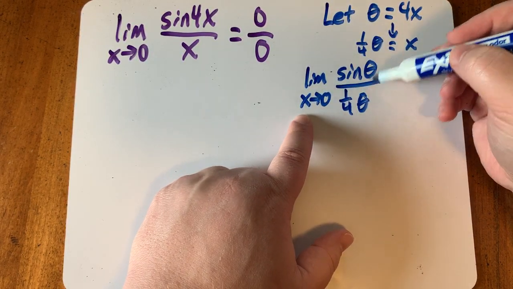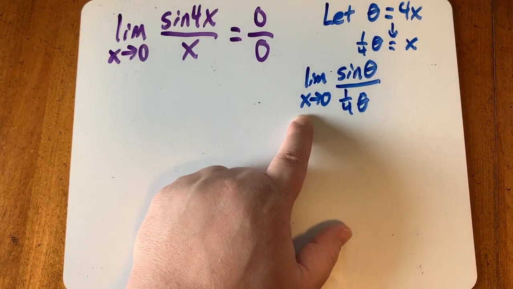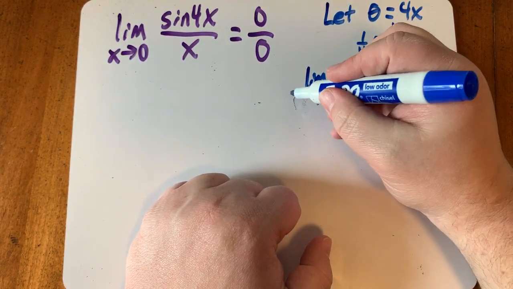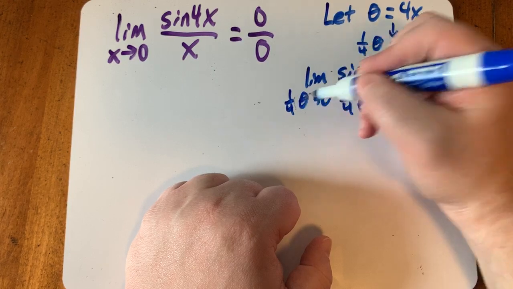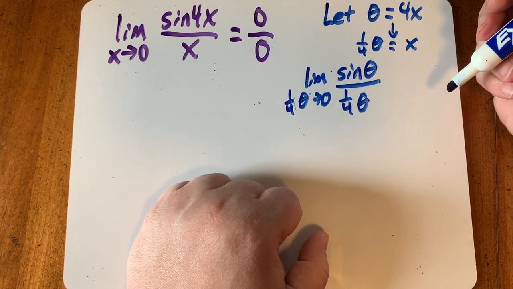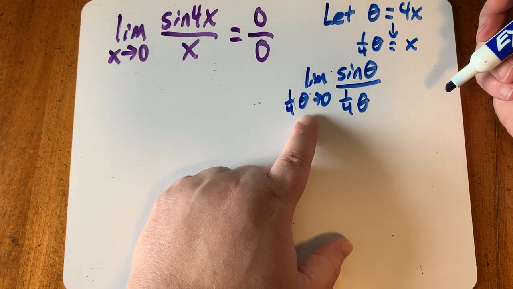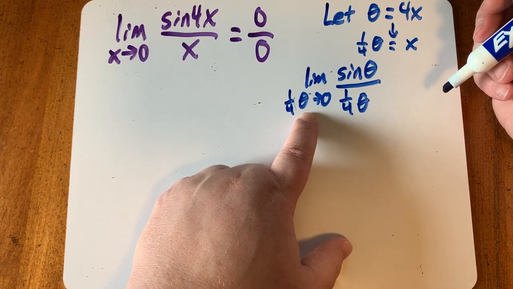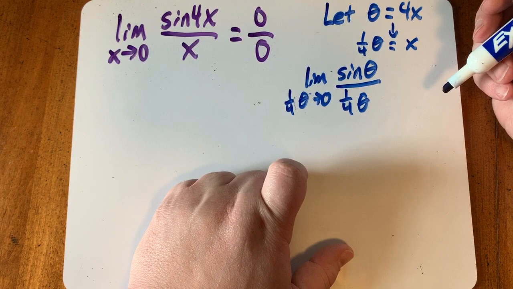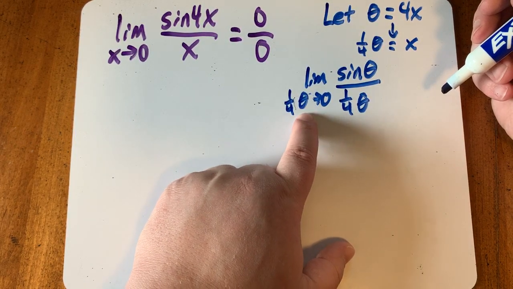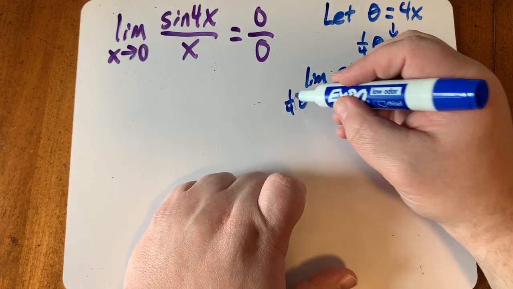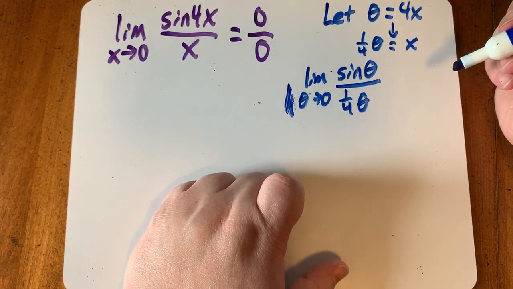But then we have an x here, so it really would be 1/4 theta approaching 0. Well, if 1/4 theta is approaching 0, isn't that going to be at the same place where theta approaches 0? Because that's a linear function and it's approaching 0. So you could just say as theta approaches 0.